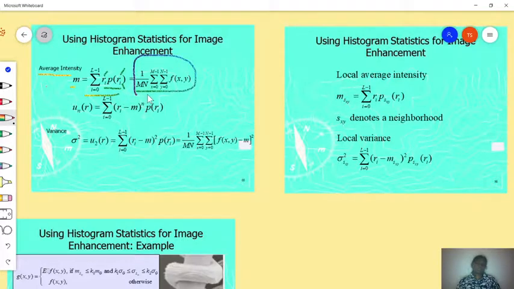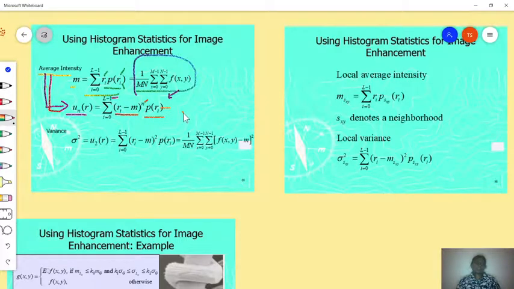MN is the size, M by N. And from this equation, we are calculating the average intensity value, which is represented by m, from i equal to 0 to L minus 1. You know this is the range. Recollect the information from the previous videos. We got the average intensity value as r minus m, times the probability density function of r.